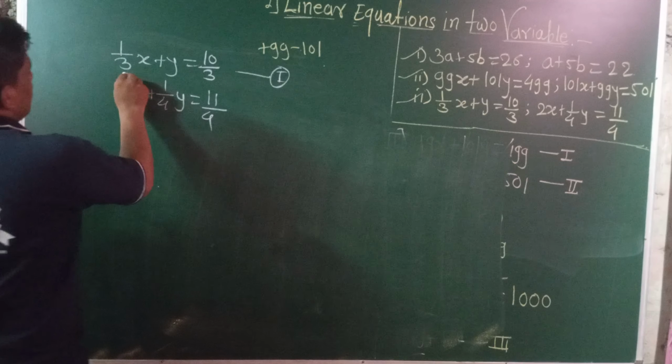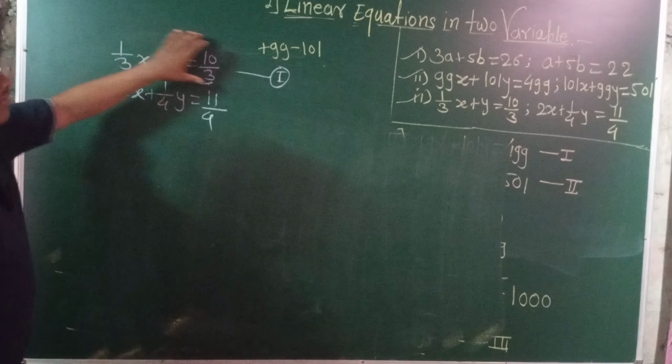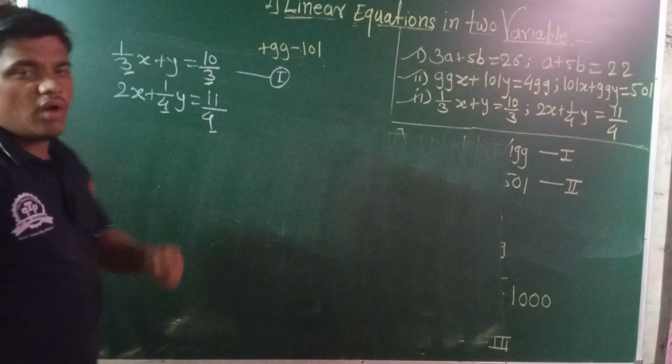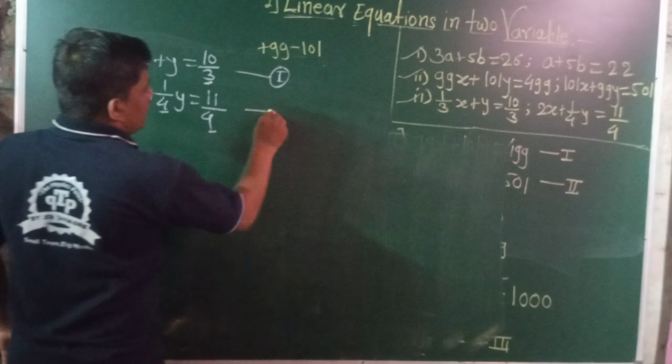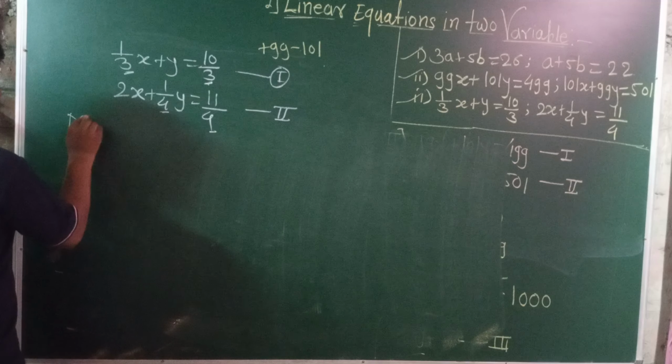To cancel the 1 by 3 from equation 1 and the 1 by 4 from equation 2, what can we do? We multiply by the opposite number.